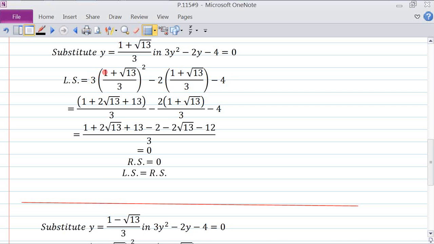the first times the first gives us 1. The root 13 times the root 13, which would be the last, gives us 13. And the inner term is root 13. The outer term is root 13. When we add them together, we get 2 root 13. This is a perfect square right here.